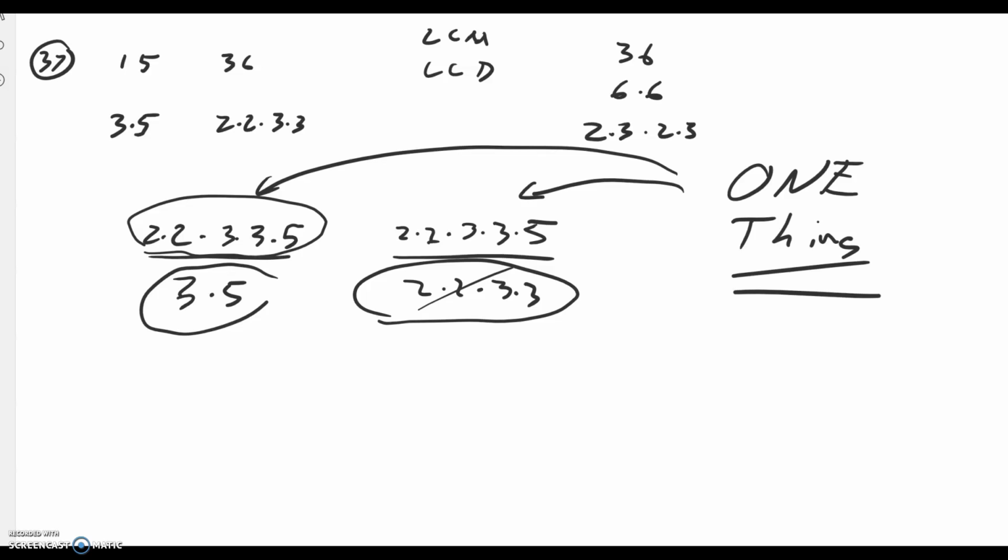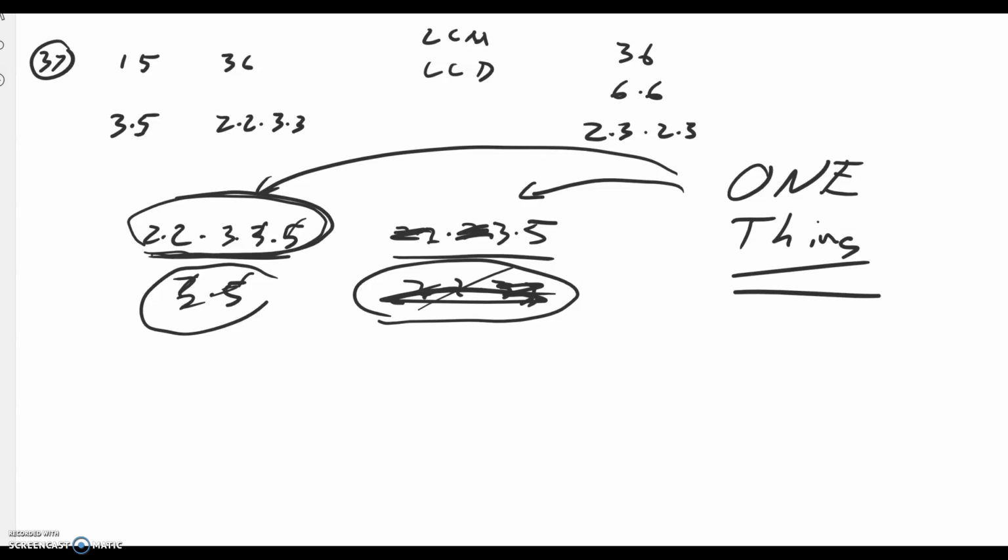Now that's a little bit complicated to think about, I agree, but it is pretty easy to use where we're heading. So notice I'm saying these 3's cancel, these 2's cancel, and we've canceled the denominator. This 3 cancels this one, this 5 cancels this one, and we've canceled the denominator.